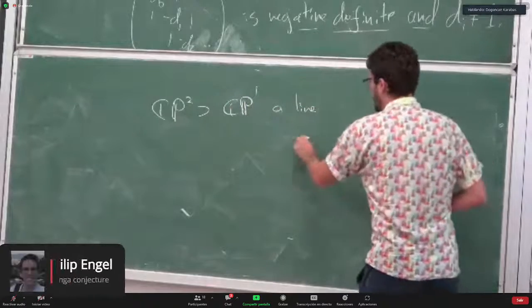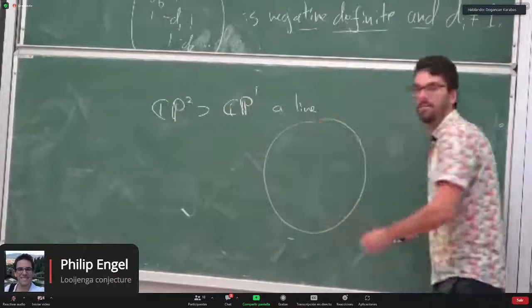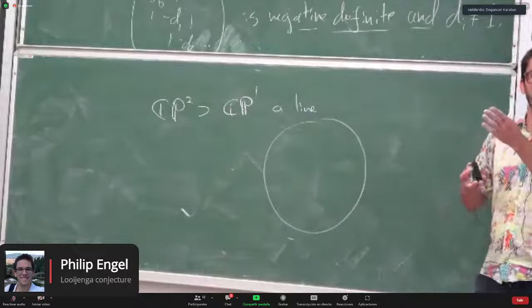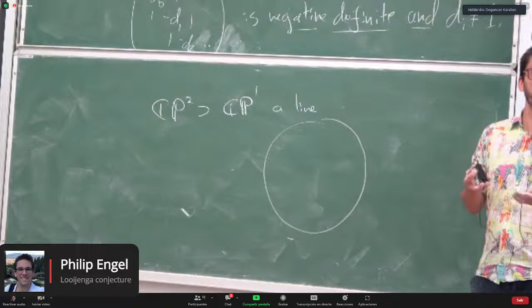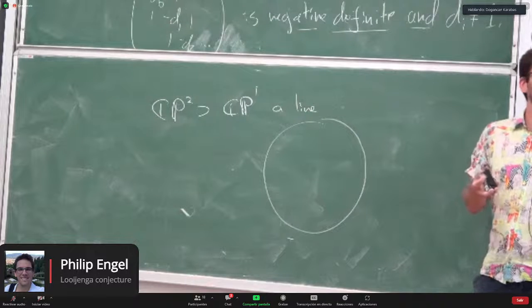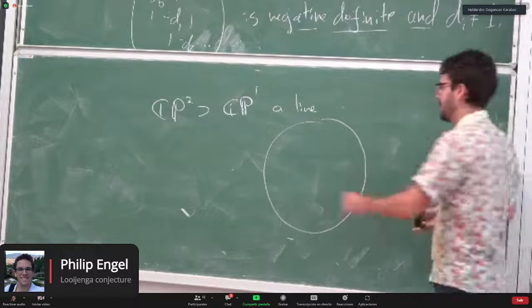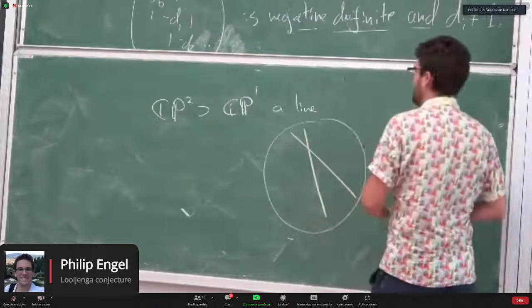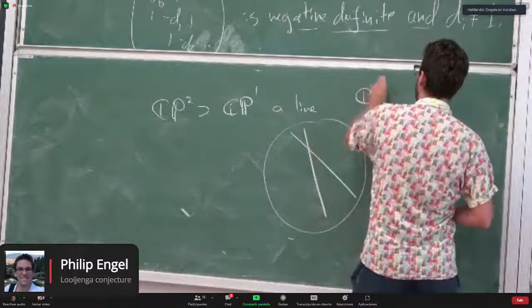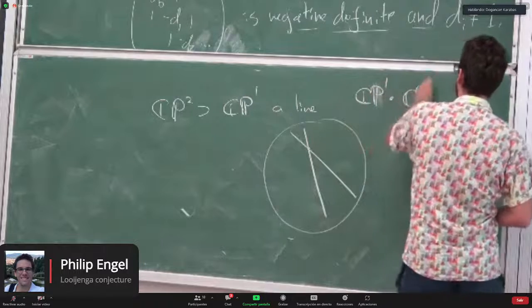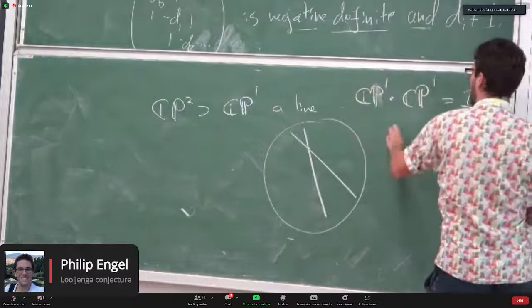Well, if you're familiar with Bézout's theorem, no matter how I deform this line to some other line, there's always going to be one intersection point because any two non-equal lines in CP2 intersect. And so the self-intersection number of CP1 with itself will equal 1 in CP2.